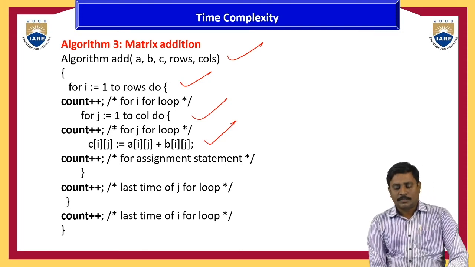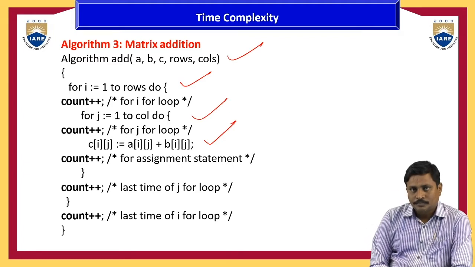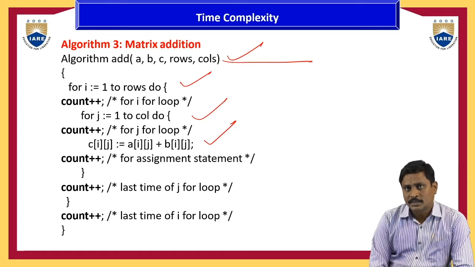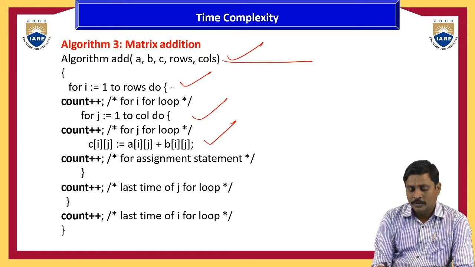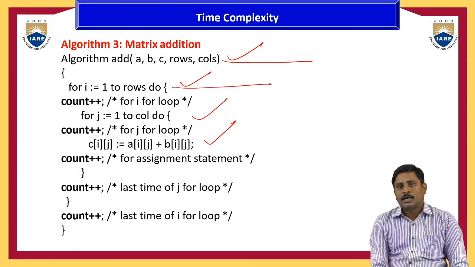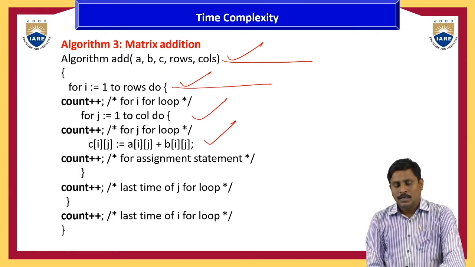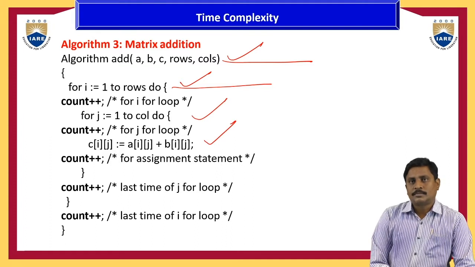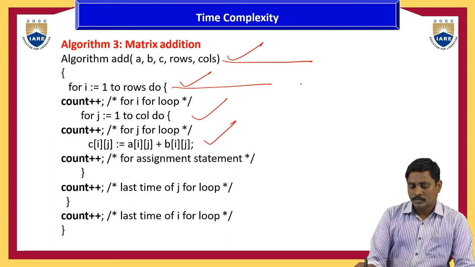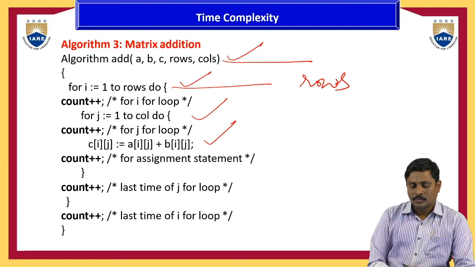Now here we see that this is the first statement, and this is the ending of the statement. It takes 0 step counts. Next, this for loop has rows. It repeats how many times? It repeats rows times.